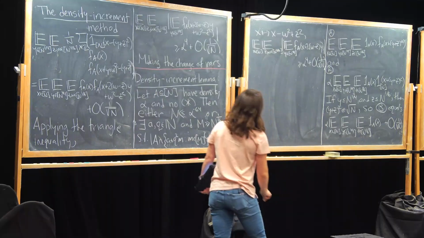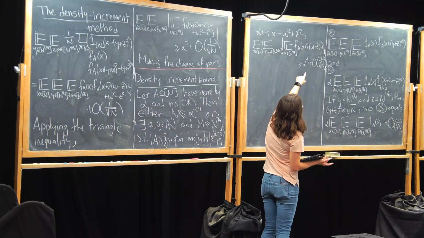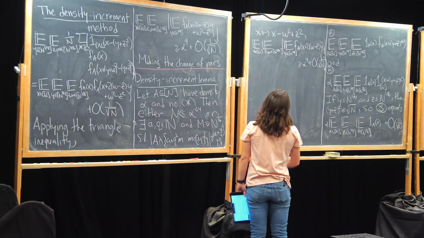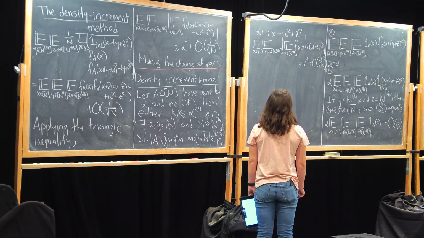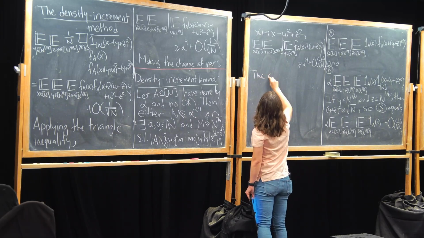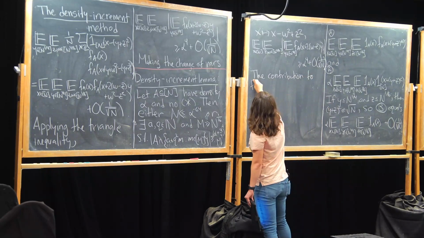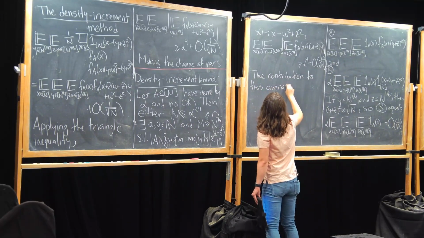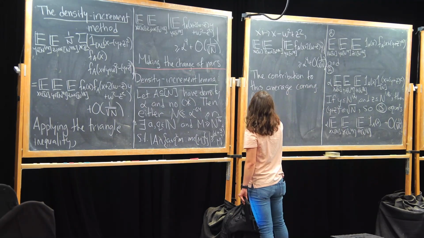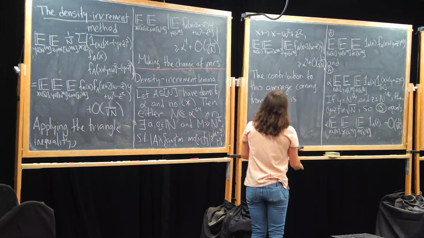Okay. So now we want to pigeonhole to fix w and z, but we want to make sure that the progression has a non-zero common difference, since otherwise it would be length 1. But note the contribution to this average coming from when z equals w: how often does that happen?